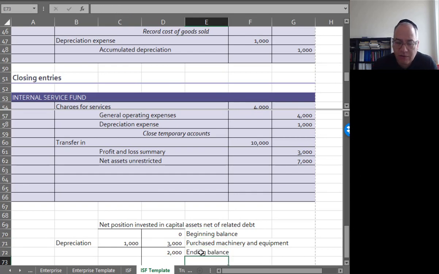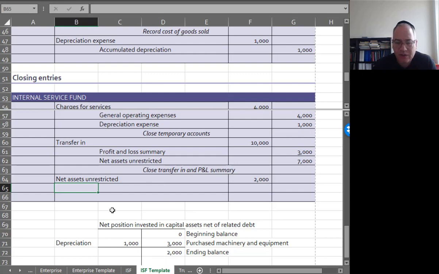So I'm going to need to create this account, create this balance, by debiting net assets unrestricted, because so far there's nothing in this account of net position invested.